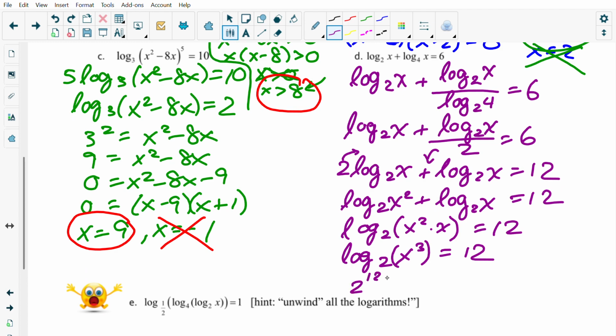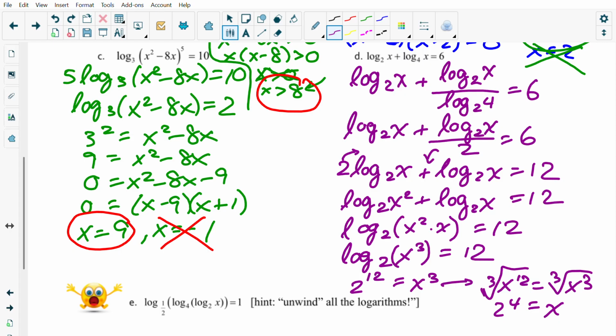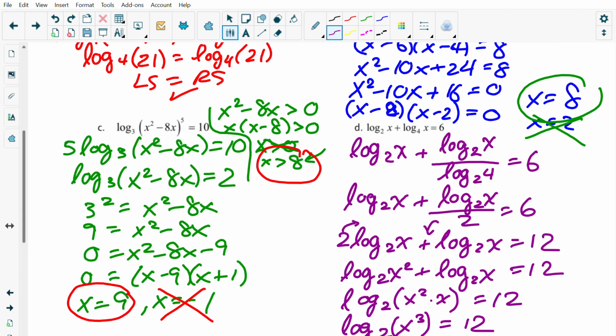Let's put it in exponential form. 2 to the 12th equals x cubed. If I take the cube root of both sides, cube root of 2 to the 12th equals cube root of x cubed. That's 2 to the 4th equals x. And that's 16 equals x.